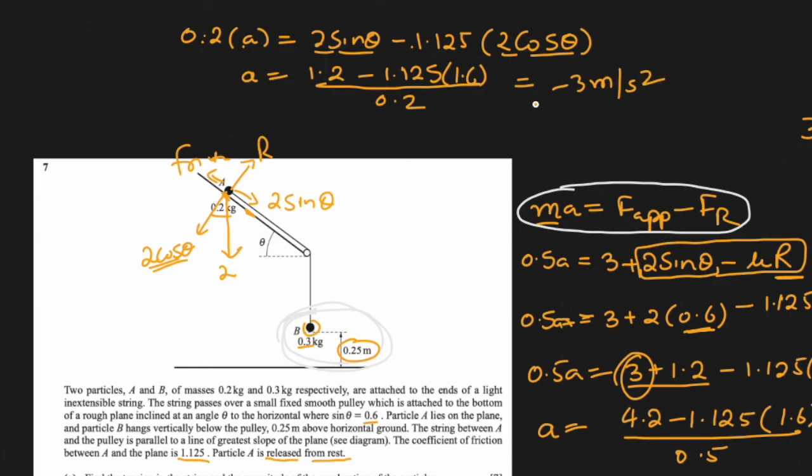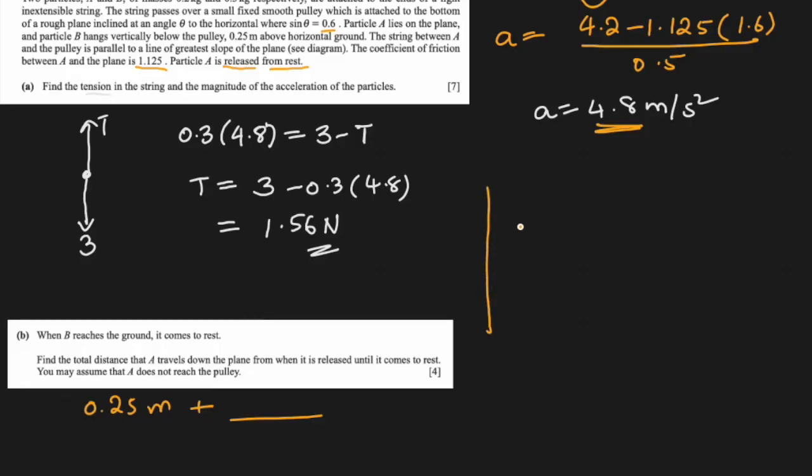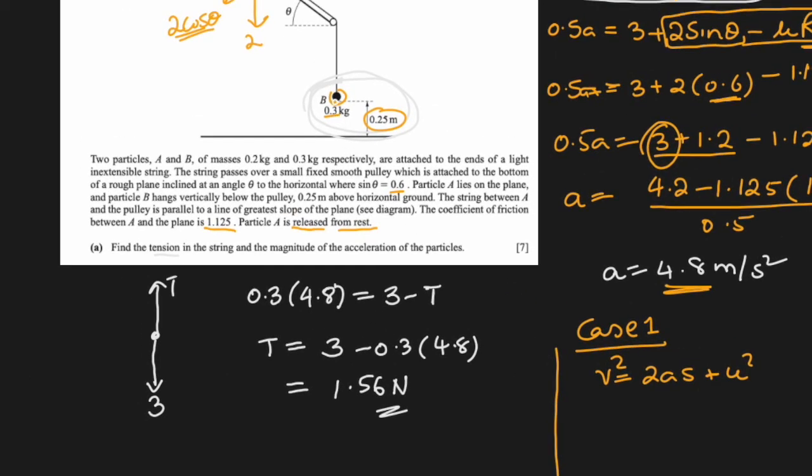Okay, and now we have to find, with this acceleration, how much will it travel down before coming to rest. But we should know the velocity also, with which, that's what I was saying, it is not possible that it will reach ground and come to rest. So we will use v square equals 2as plus u square. This is how we find the velocity in case 1, when this particular body was traveling this way.